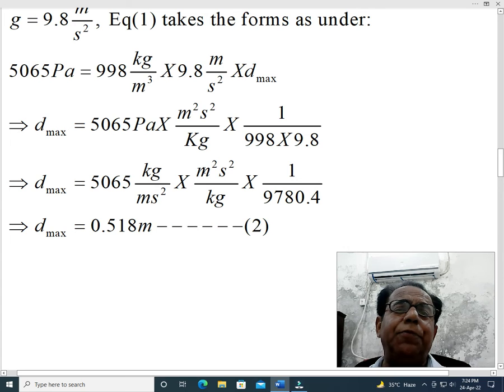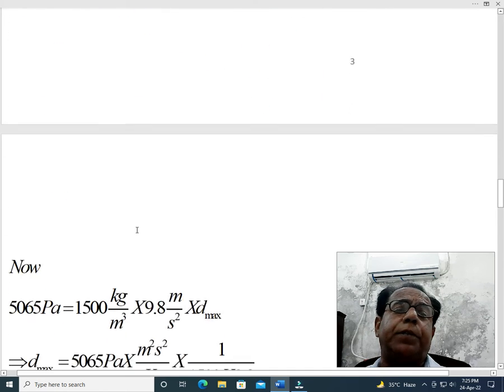Here 1 m will be left, and all other values will be cancelled. Kilogram will be cancelled out with kilogram, second square with second square, and 1 m will be subtracted from m square and we will be left with the single m. So D max has become equal to 0.518 meter. This is equation number 2.